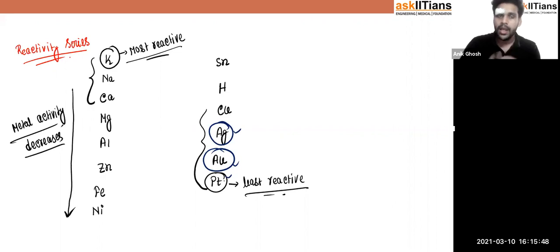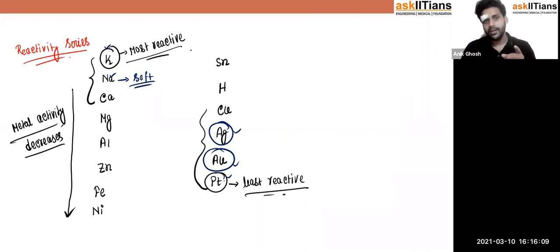You're getting my point? Potassium and sodium are not even usable as metals because both of them are very soft. You can cut sodium with the help of a knife. It is very soft and very reactive. I think you've heard that sodium is kept under kerosene.